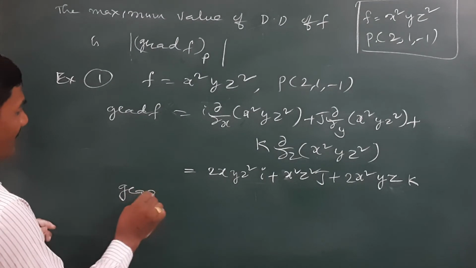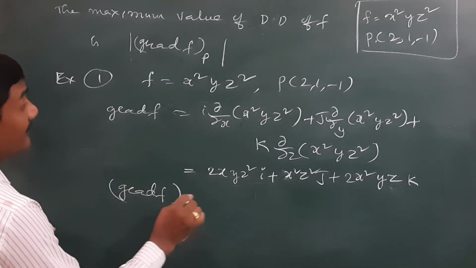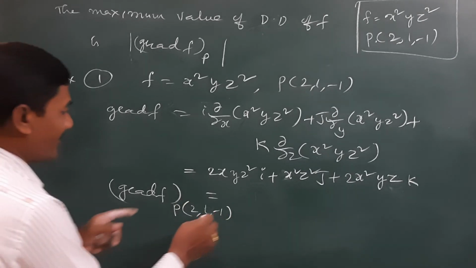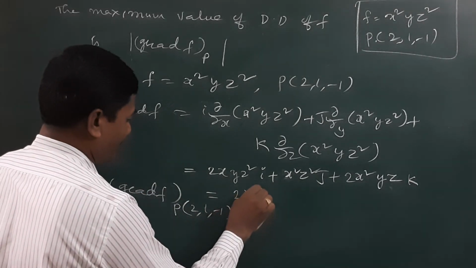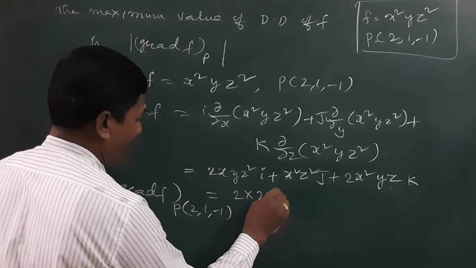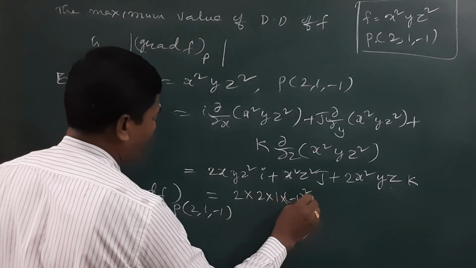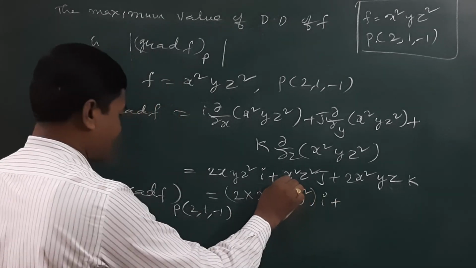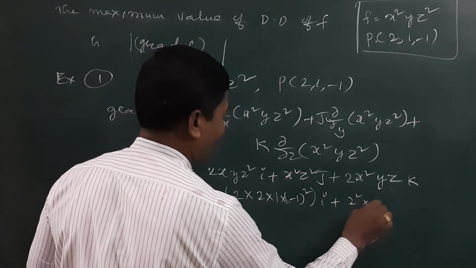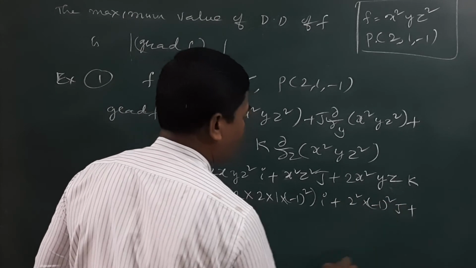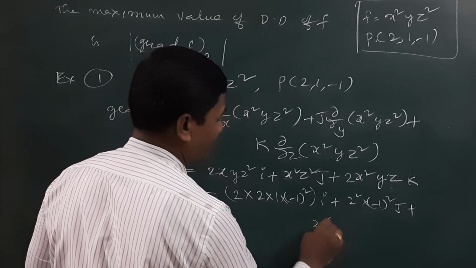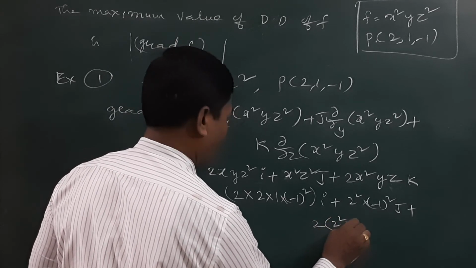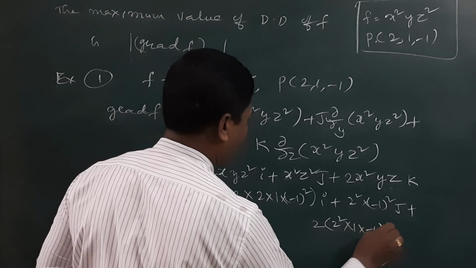Therefore, the gradient of f at the point p, (2, 1, minus 1), is: put the values, 2 into 2 into 1 into minus 1 whole square i, plus x square is 2 square, z square is minus 1 whole square, into j, plus 2 into x square, meaning 2 square, y is 1, z is minus 1, k.